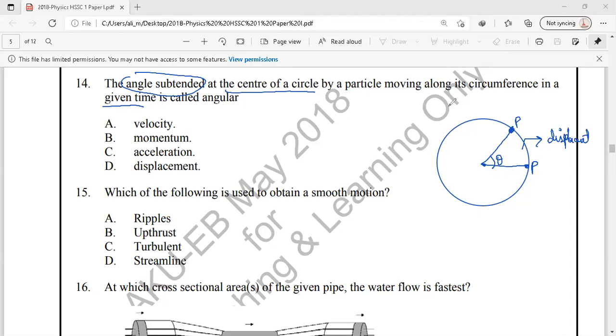And this angular displacement in a given time, so theta over t, this quantity is known as angular velocity. So theta over time is known as angular velocity, and this angle subtended at the center of the circle is known as angular displacement. So the correct answer for question number 14 is option D.